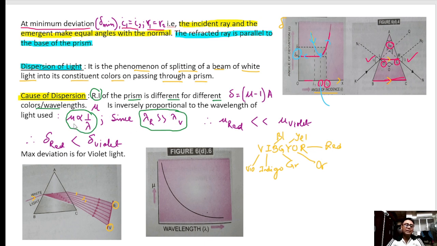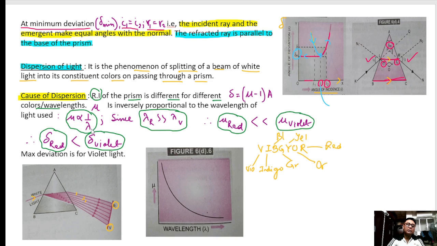So for red, the refractive index will be the least, and for violet the refractive index will be the most. So definitely the deviation for red light will be the least and the deviation for violet light will be the most. So the cause is refractive index is inversely proportional to the wavelength.